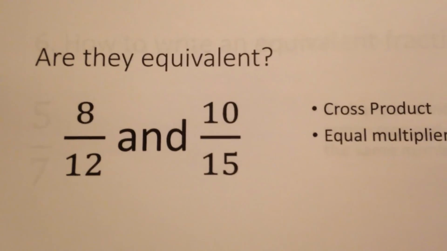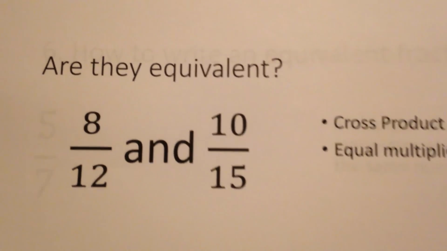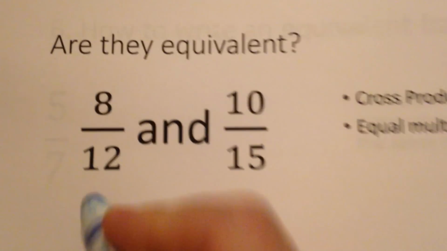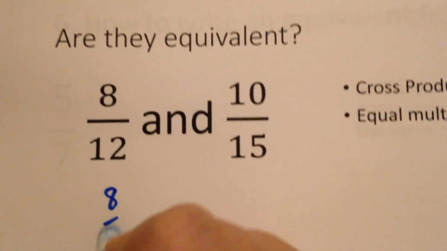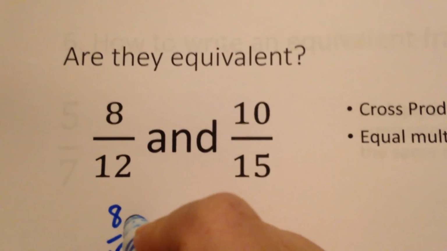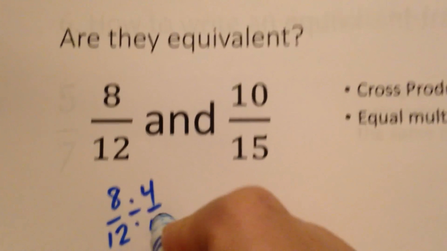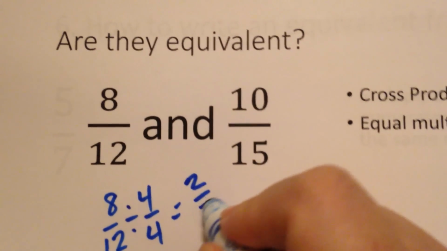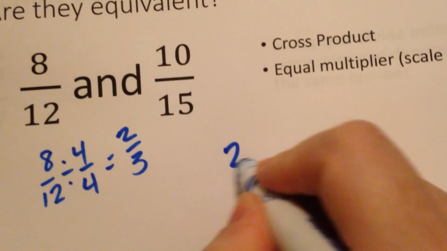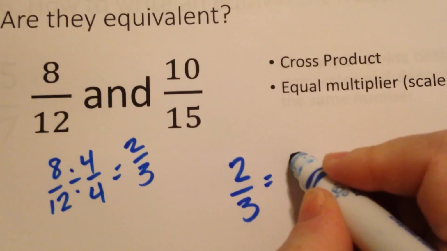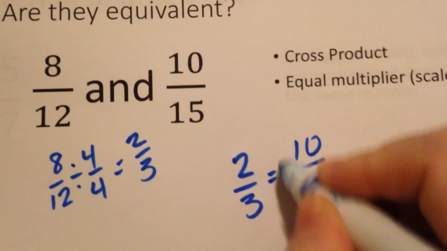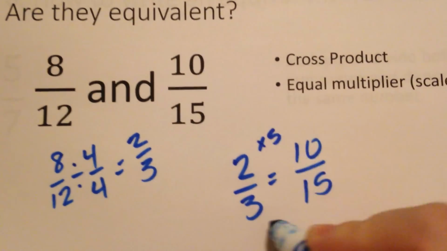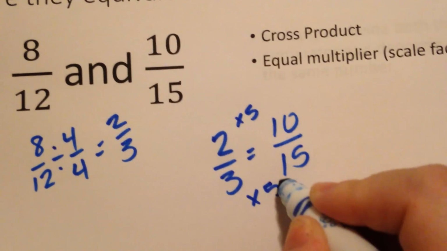So the best thing to do here, if you're not sure, you could simplify this. So 8/12, they both divide by 4, and I get 2/3. So then I could check 2/3 to 10/15 and say, look, 2 times 5 is 10, and 3 times 5 is 15.